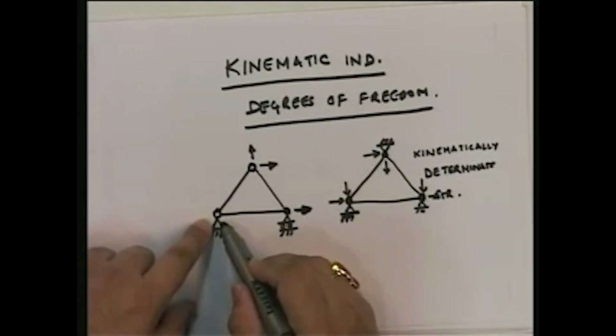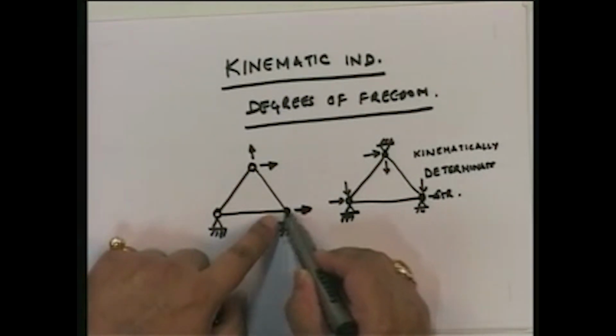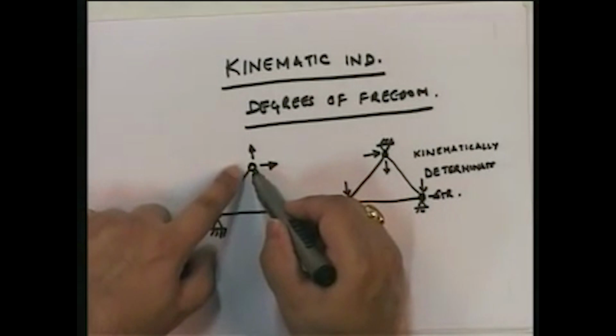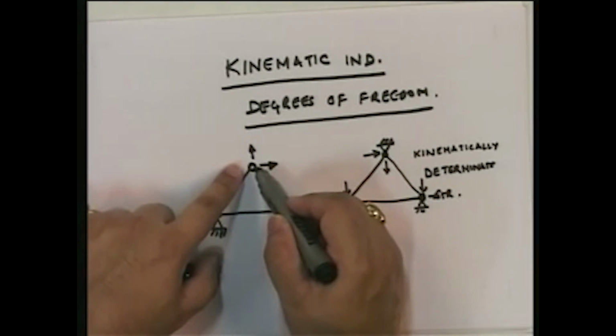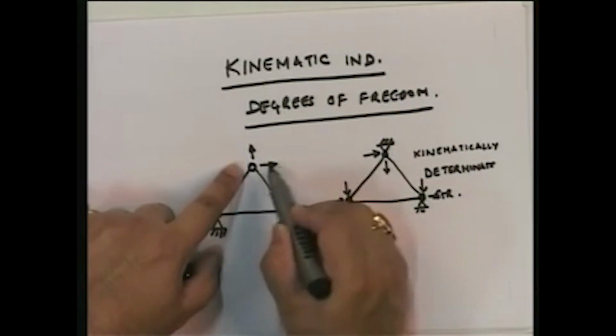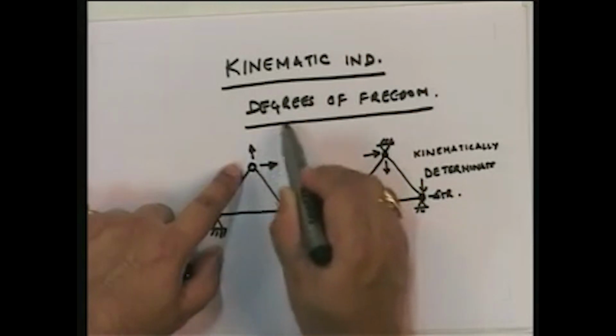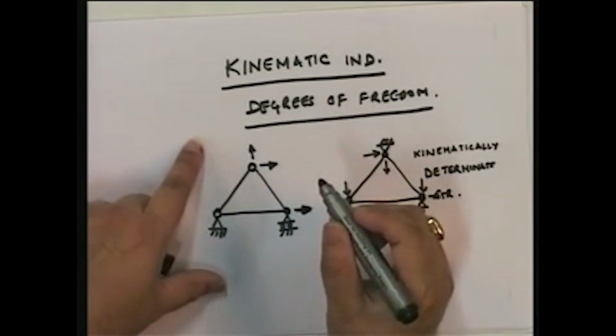One node completely restrained, cannot go anywhere. This node vertically restrained, can move horizontally. This node free to displace in any direction it wishes in the plane. So we can define two displacement quantities which will define the motion of this point anywhere in space. Okay.